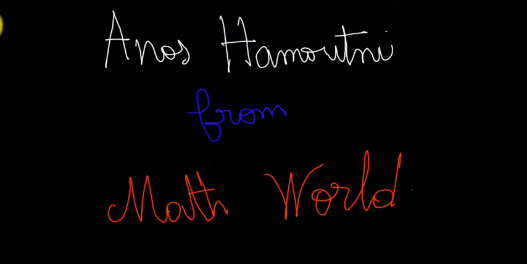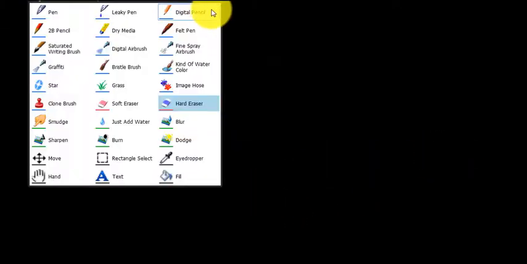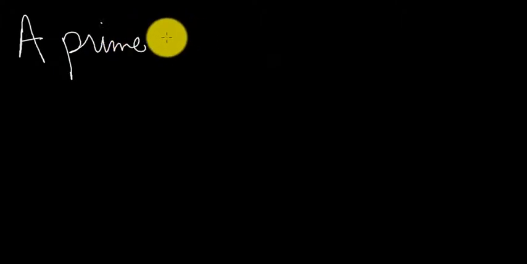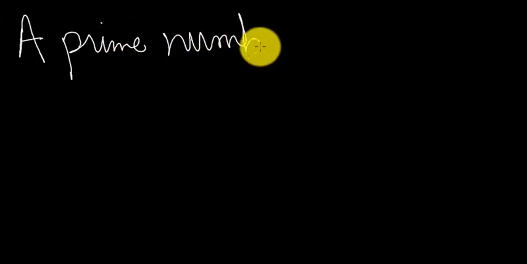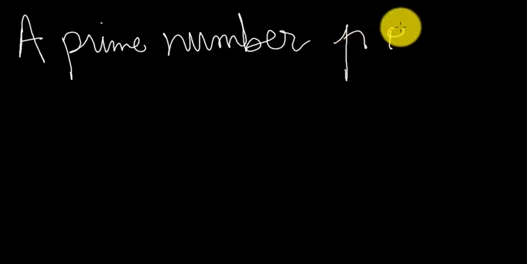And we start by defining two main things. First, let's define what a prime number is. A prime number, let's call it P, is basically two main things.